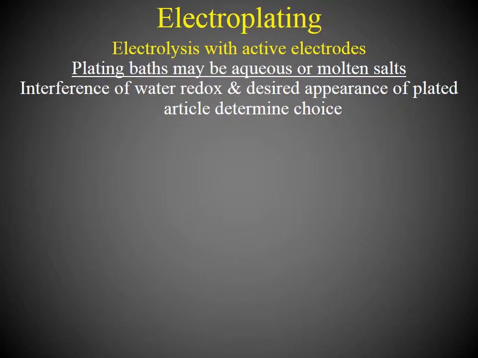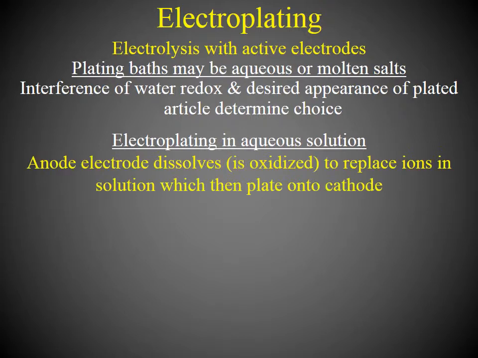It kind of depends on whether the water redox reactions interfere with the desired product, or also whether there's some special desired appearance we might want to provide to the plated article, and therefore those two factors determine the choice as to whether the plating bath will be aqueous or molten.